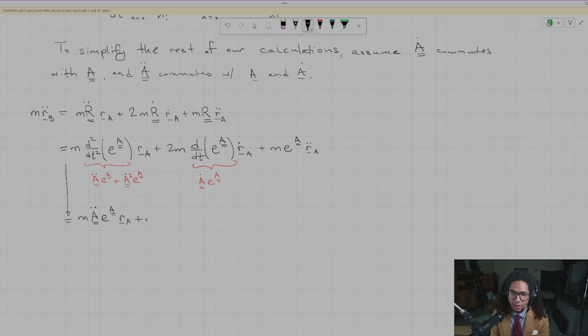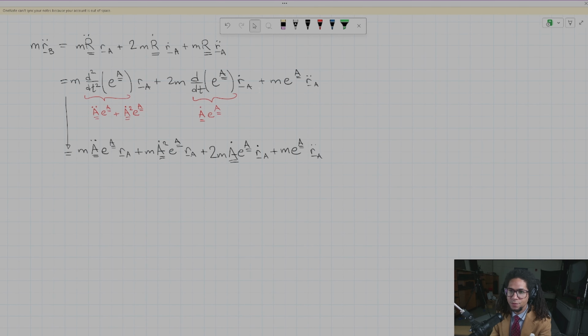So then plus m A dot squared e to the A times r in the A frame plus 2m A dot e to the A r_a dot plus m e to the A r_a double dot. Great.